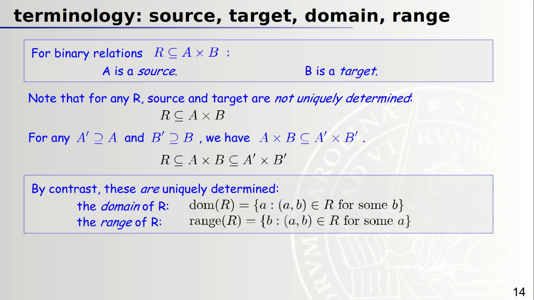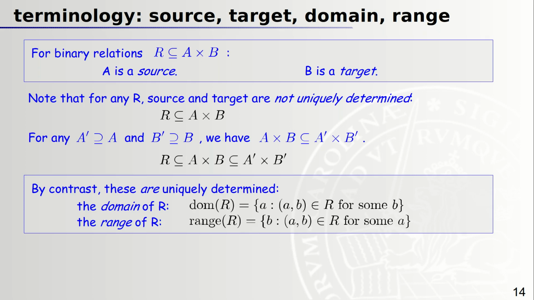The following two things, however, are direct properties of the set of pairs. The domain of a relation is the set of all values that occur as first component of at least one of the pairs in the relation. We also say it is the set of all left-hand values of the relation.